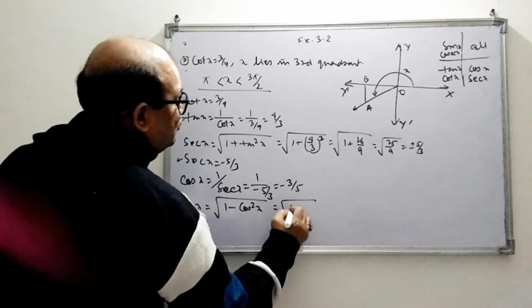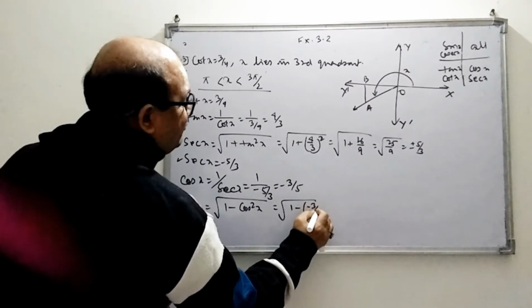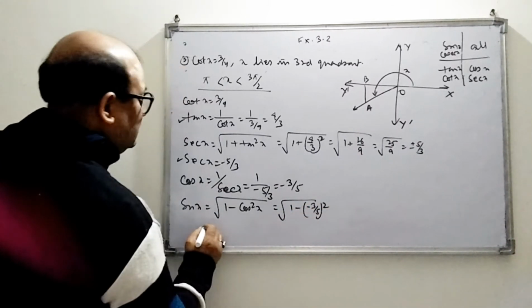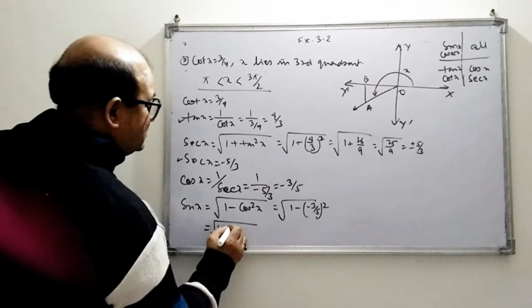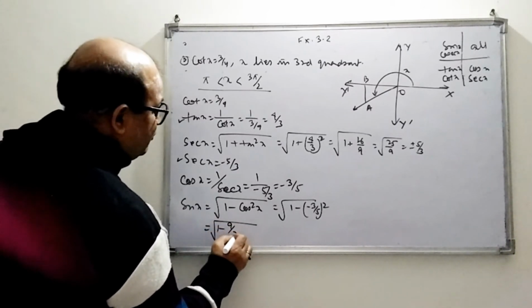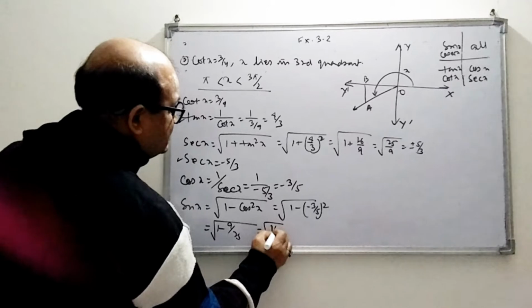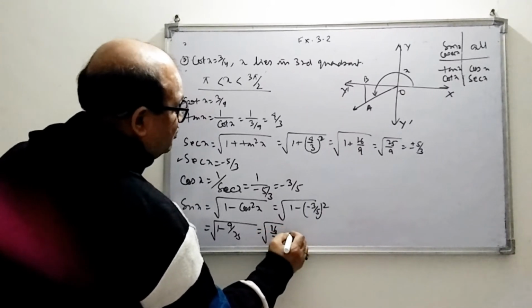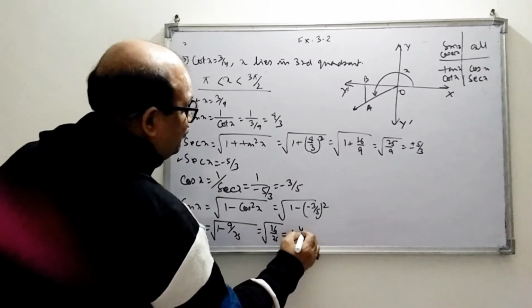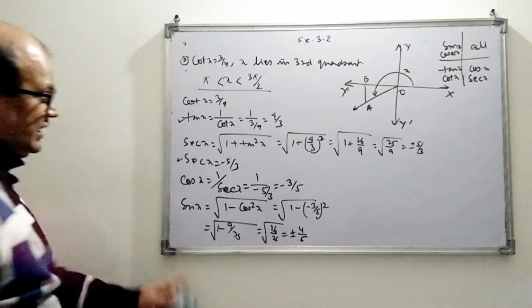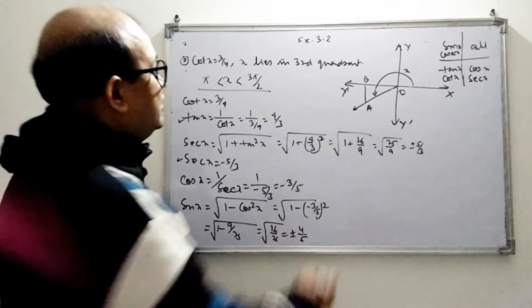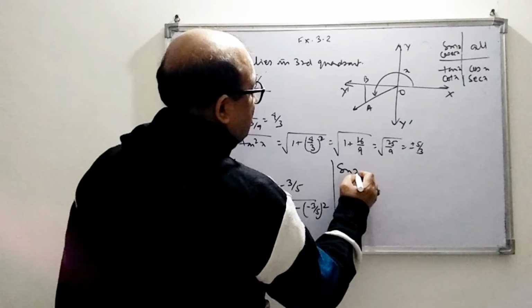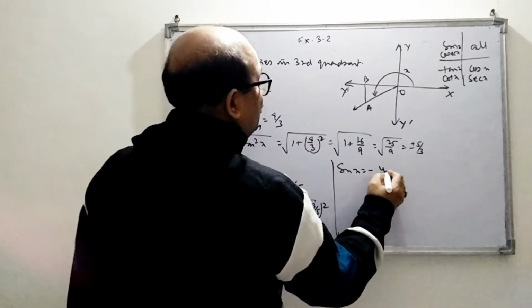That is 1 minus 3 by 5 whole square, that is 1 minus 9 by 25. That gives you 16 by 25, equal to plus minus 4 by 5. Again sin x is negative in the third quadrant. So sin x equal to minus 4 by 5.